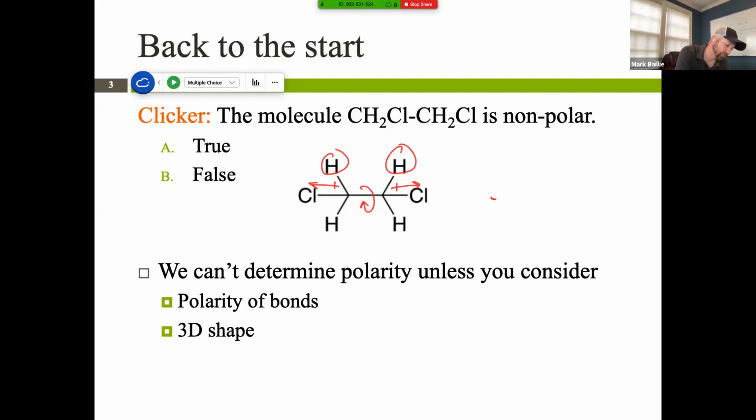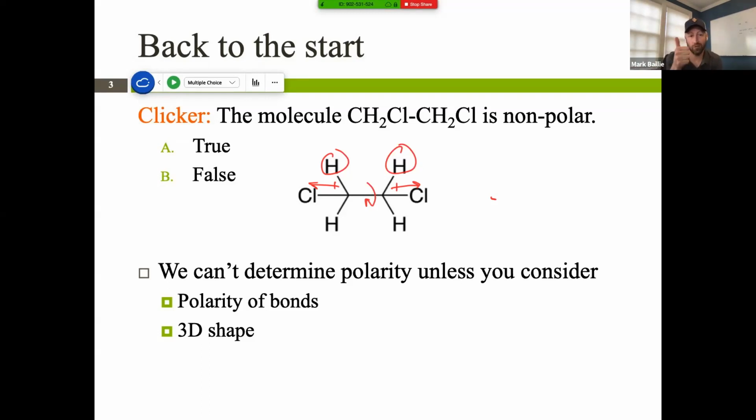If this was a double bond, then we would say, oh, that can't rotate anymore, it's fixed in space. But because it's a single bond, both sides of that are completely free to spin, and only in a very specific configuration where they're pointing opposite directions from each other is that nonpolar.